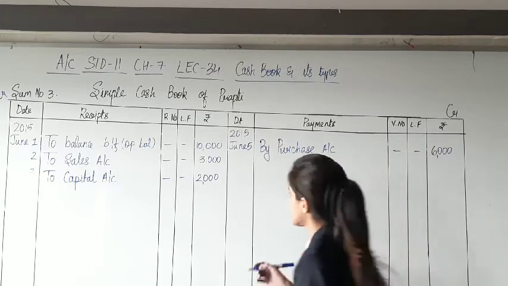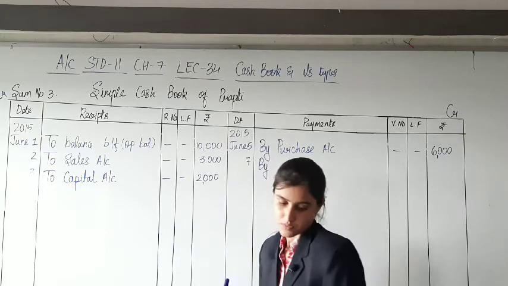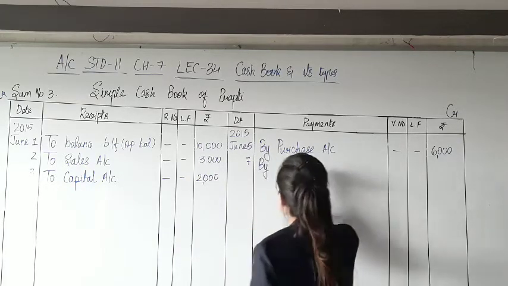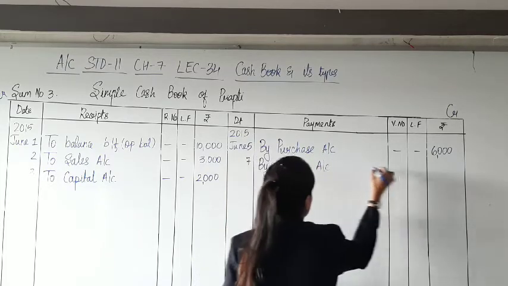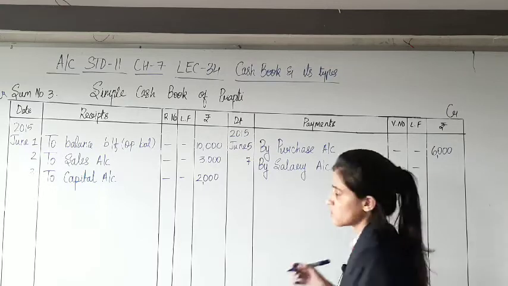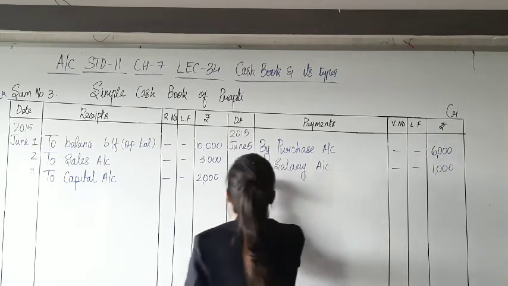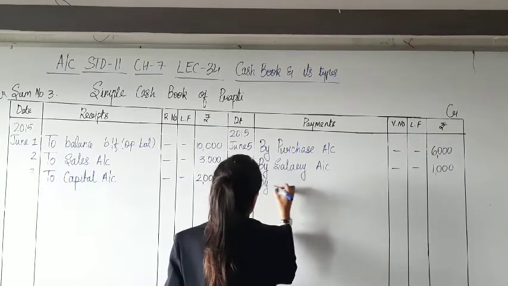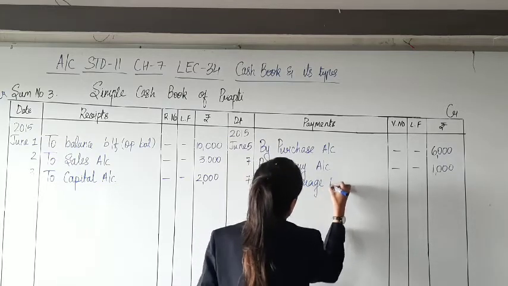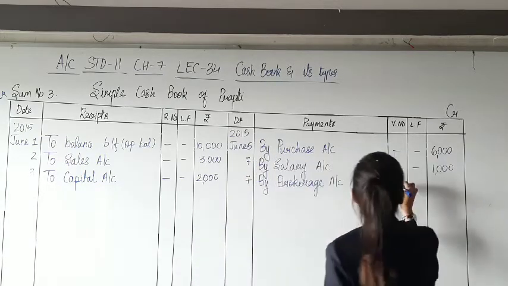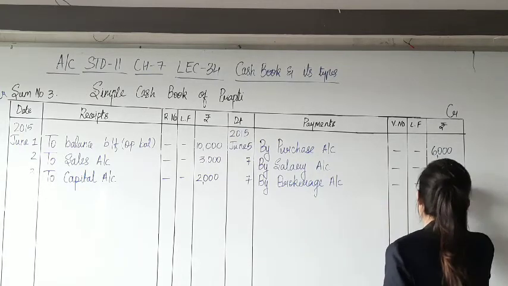On 7th of June, by salary, how much salary is paid? 1000, and brokerage of rupees 1500.